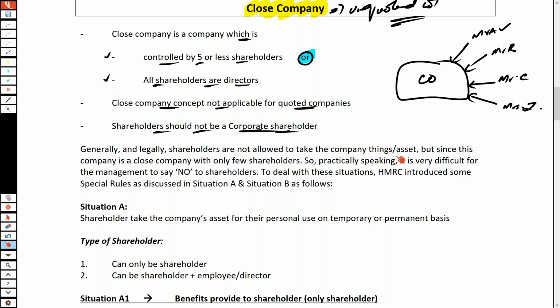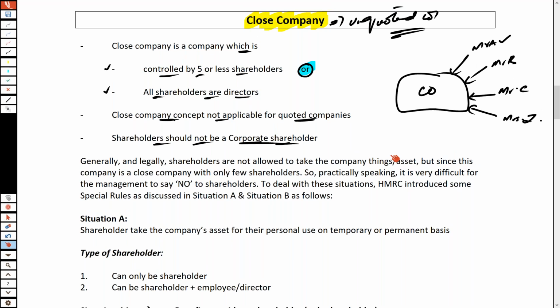But as you can see, this company is actually owned by a few shareholders. Since this is a closed company with only a few shareholders, practically speaking, it's very difficult for management to say no to shareholders. Let's say, for example, there are only 3 shareholders of an unquoted company, so the company would be considered a closed company.